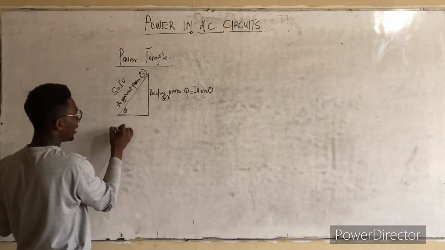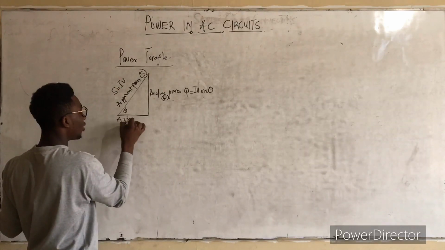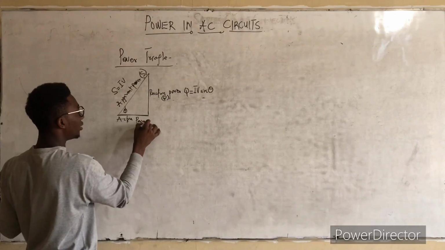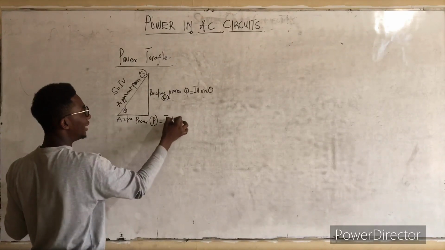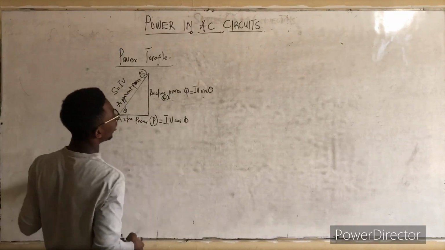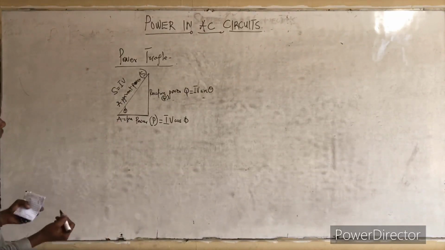And down here is the active power or the real power. The adjacent is the active power, denoted by P, and that one is IV cos phi, or cos theta, that is the angle.